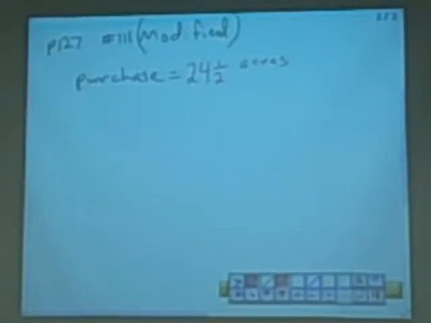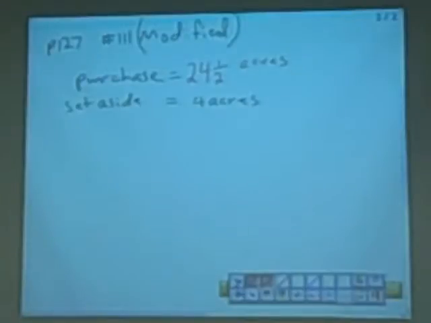Of land, and plans to set aside, well, I'm going to change 3 acres to 4. So he's going to set aside 4 acres for an entranceway to a housing development to be built on the property.